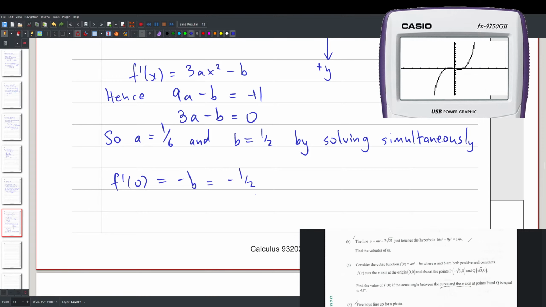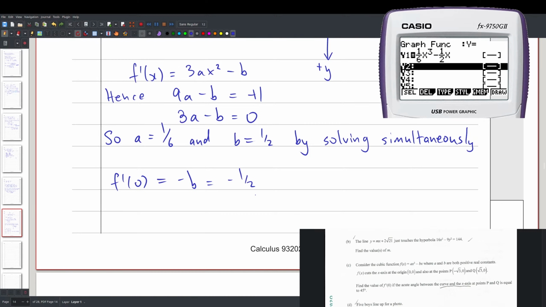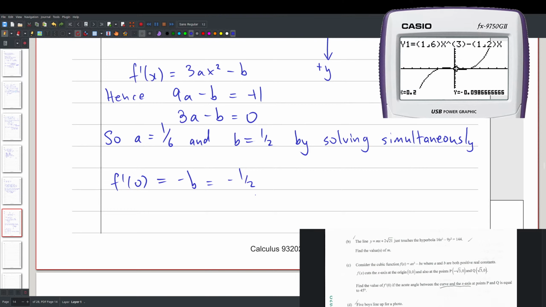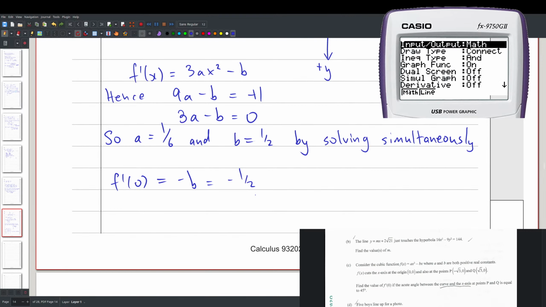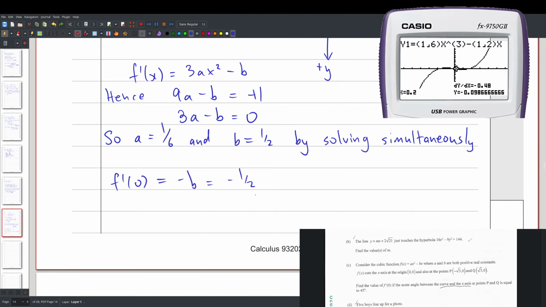There we go. So let's just check this: 1 on 6 x cubed minus a half x. Trace and enable the derivative on, right? So you see this, no, it should be like root something or other. Yeah, somewhere around there.